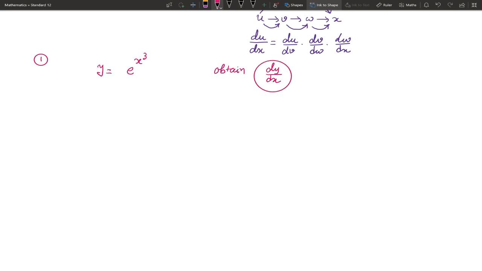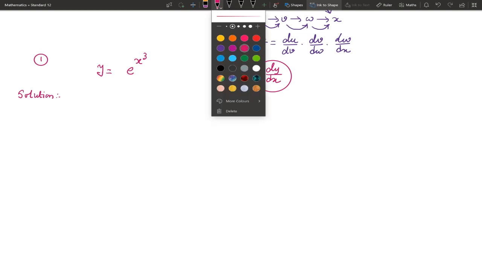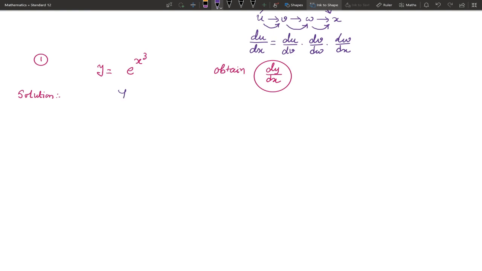So here the solution: actually it is easy, but how does this chain work? First take u equal to x cube, then y equal to e raised to u and u equal to x cube. You can observe y is a function of u, and u is a function of x.